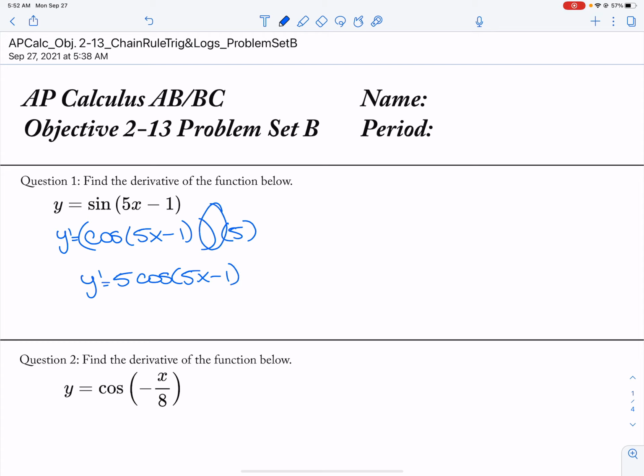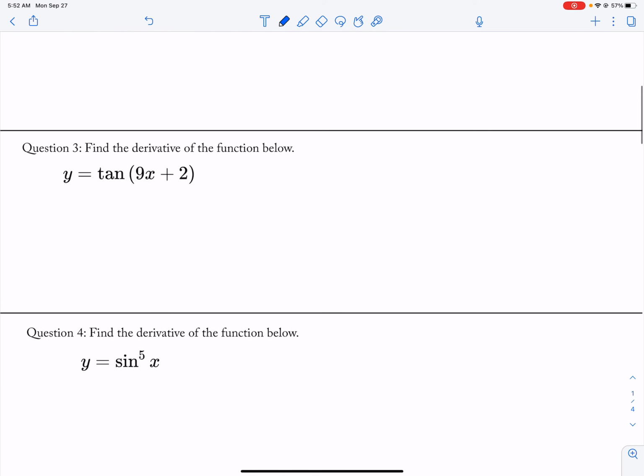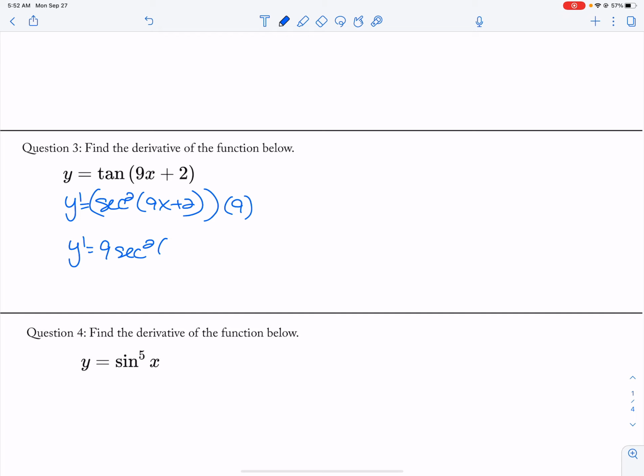If you don't put double parentheses here, it would be incorrect unless you move the 5 to the front. Okay, so y prime: the derivative of tangent is secant squared of 9x plus 2, times the derivative of 9x plus 2, which is 9. So y prime is 9 secant squared of 9x plus 2.